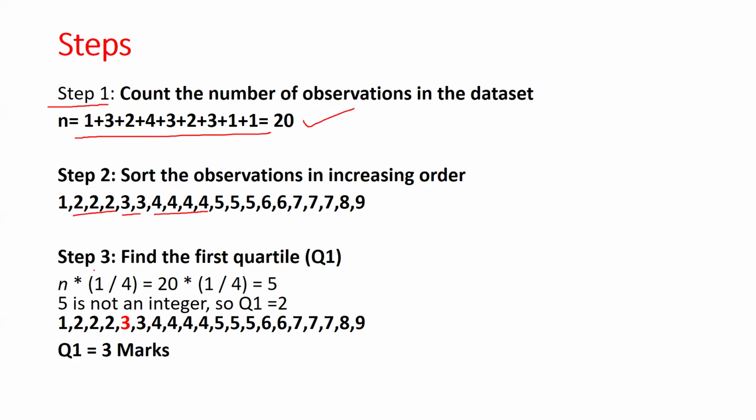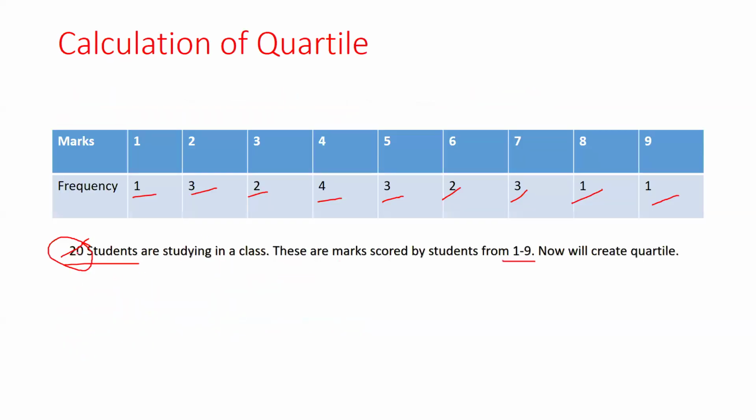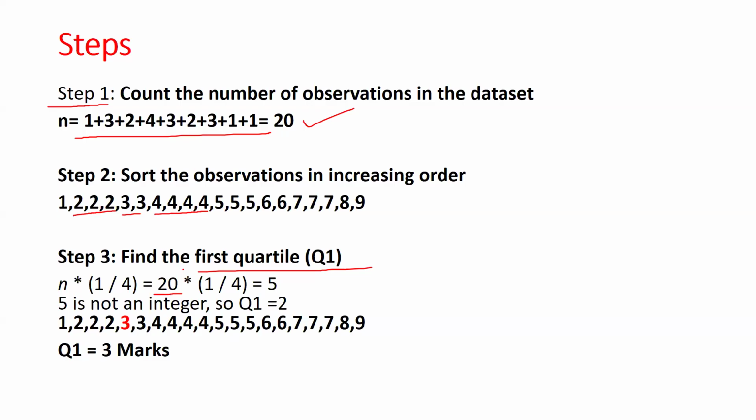Step 3, find the first quartile. Here I'm going to calculate quartile 1. Quartile 1 is n multiplied by 1/4. Here n means 20 in my case because I have 20 students' data. So 20 multiplied by 1/4 gives the position of quartile Q1.